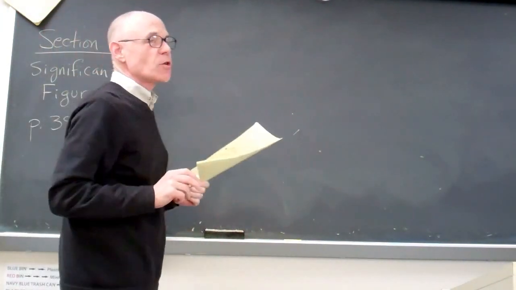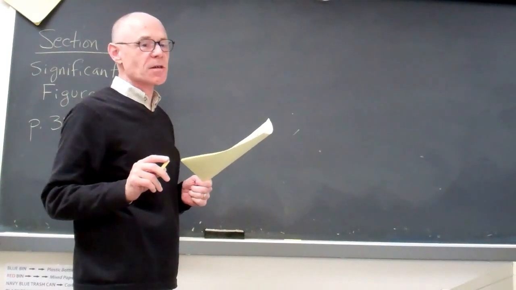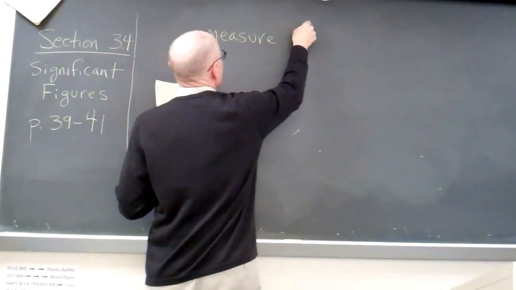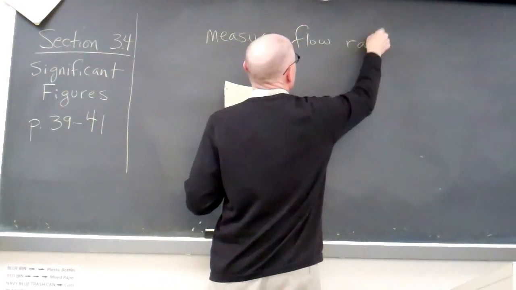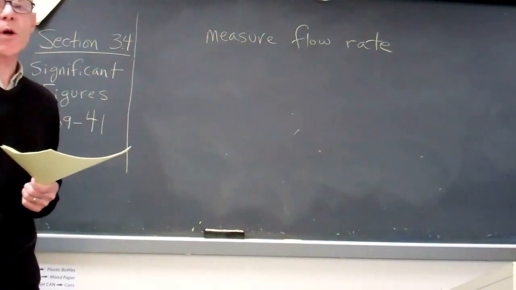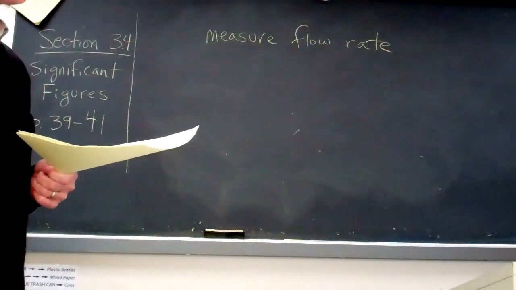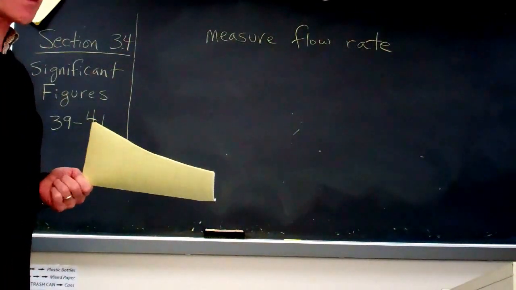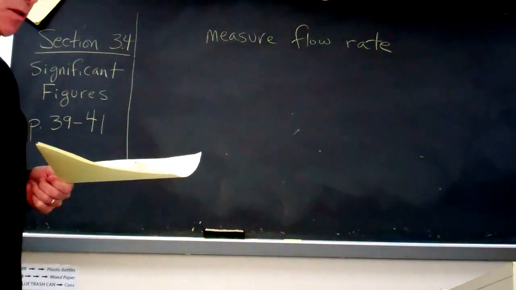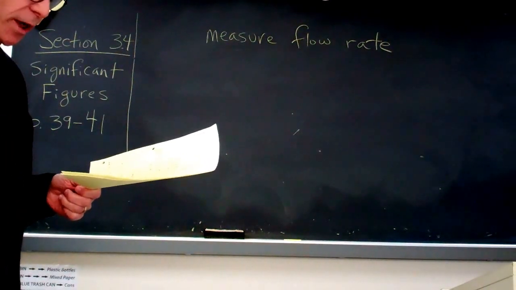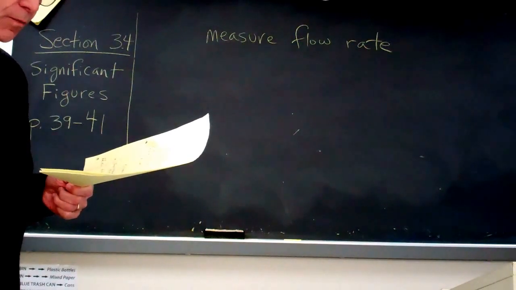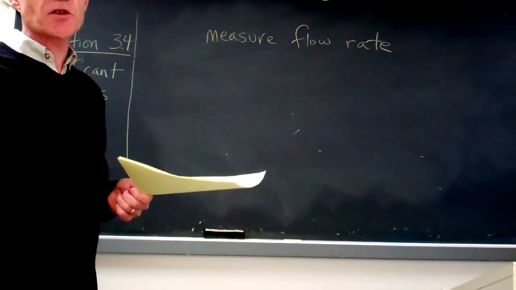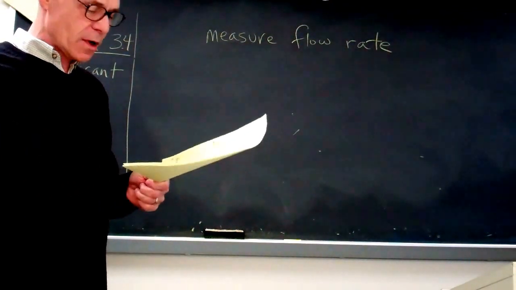Let's say you're on the job and you're given the task to measure the flow rate in a pipe. You measure this by collecting the liquid in some kind of graduated container so you can measure the volume. At the same time you have a stopwatch, recording how much time it takes to collect a certain volume of this liquid.